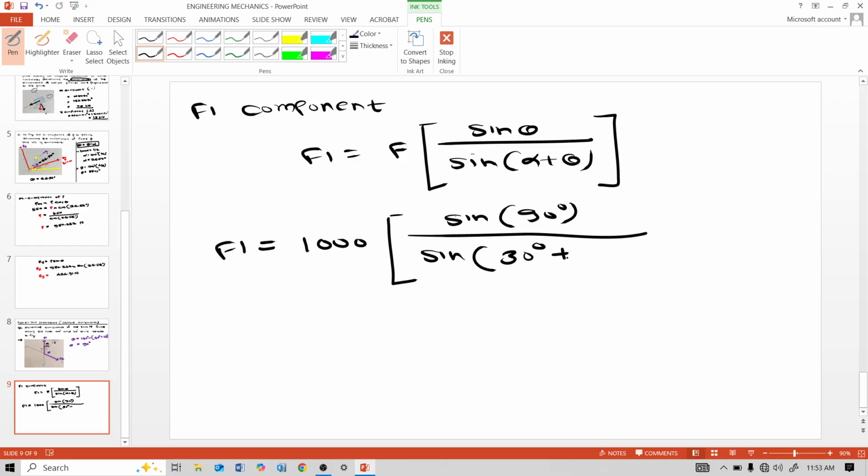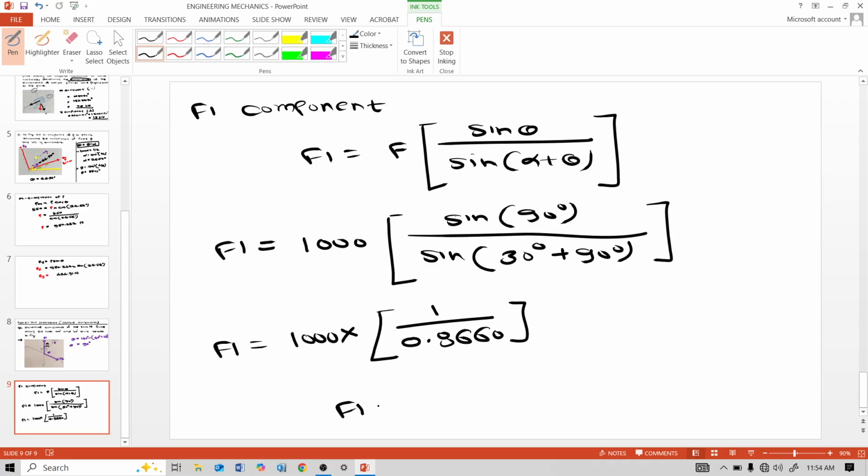So F1 is equal to 1000 into sine of 90, which is 1, upon sine of 30 plus 90, which is 0.8660.